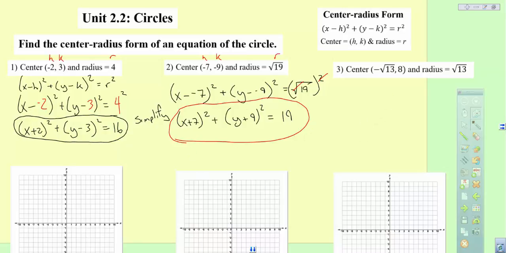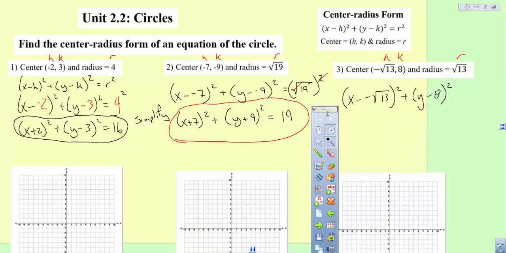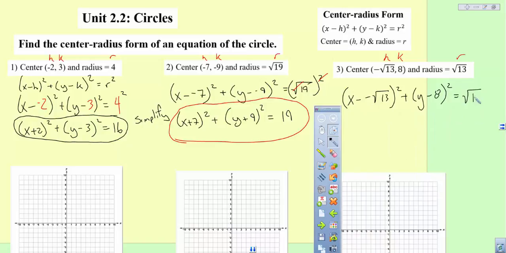We got one more. In this case here, this is our h, this is our k, this is our r. So we plug it into our equation. So this would be x minus negative square root of 13 quantity squared plus y minus 8 quantity squared is equal to the square root of 13 quantity squared.